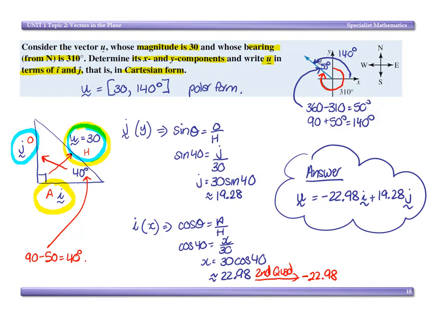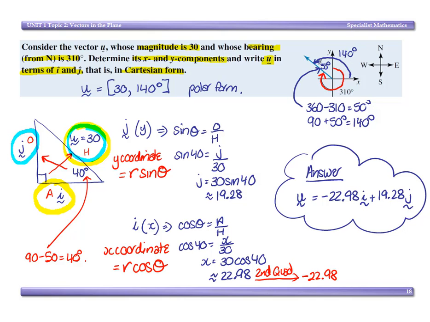For our y coordinate, it's equal to our r, which is our resultant, sine theta, and our x coordinate is equal to our r cos theta.